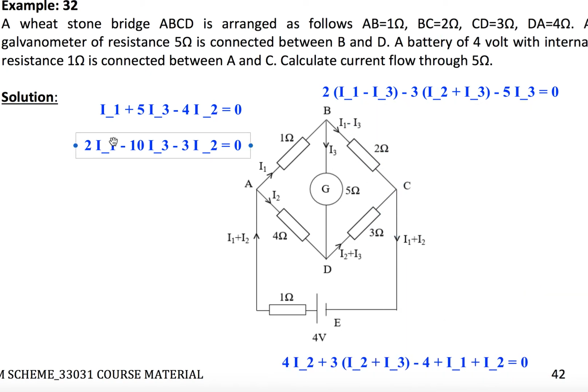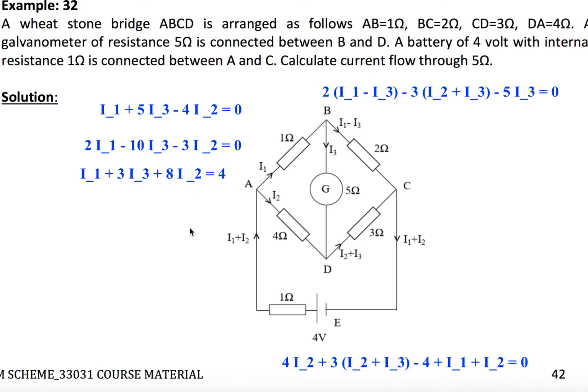Okay, so I1 is I1 only. Okay, I2 is 4 plus 3 7 plus 1 8 I2. What about I3? Only one I3, 3 I3, that is also plus, equal to, it's not 0, right? We encountered 4 in the middle, so this is equal to 4.